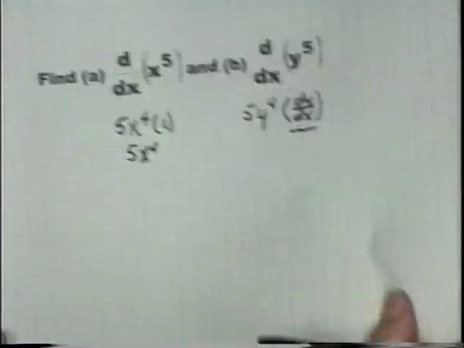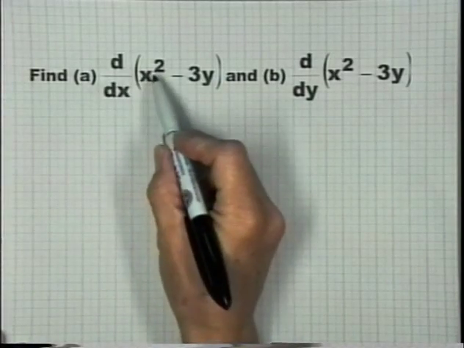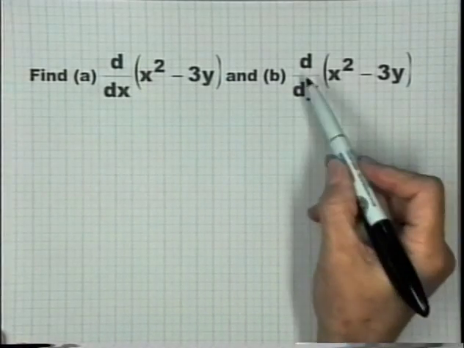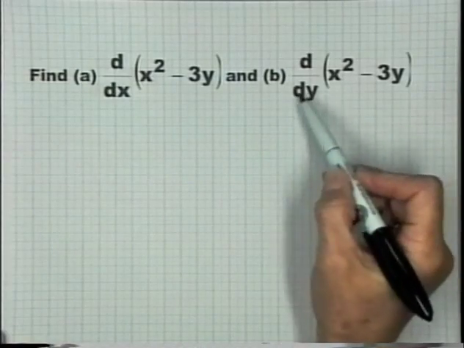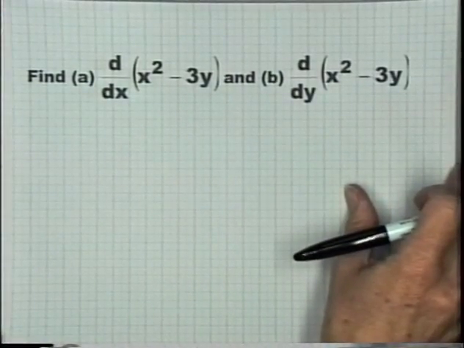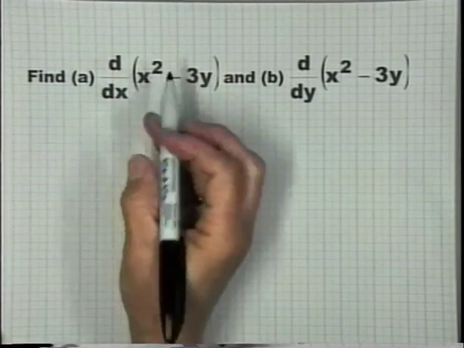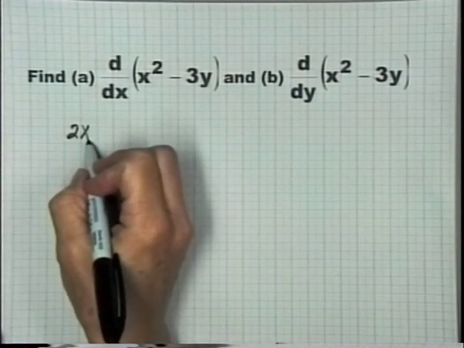Now, let's look at another example. Find the derivative with respect to x of x squared minus 3y, and you'll notice here we're going to do the same thing except we're doing the derivative with respect to y. It's the same function. I want you to just understand the difference here. If I'm doing the derivative with respect to x, when I get to this first term, I do the power rule, get 2 times x.